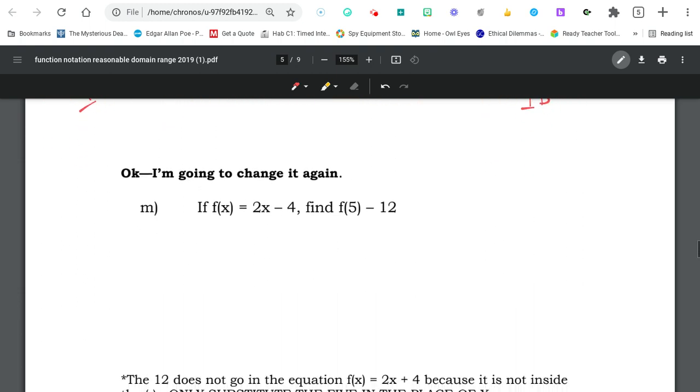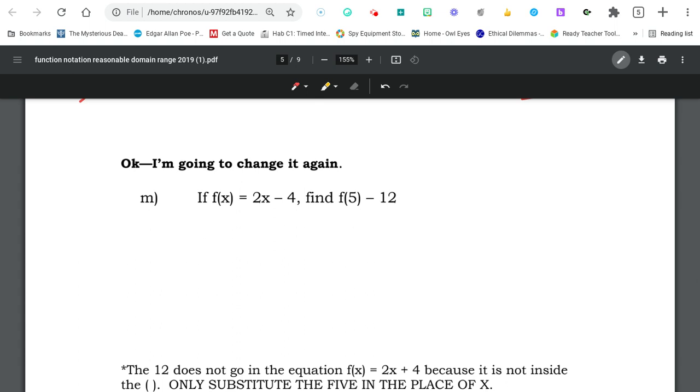All right, let's take a look at M. In M, I do have a number for my domain. So your domain is simply what's in parentheses. It says if f of x is equal to 2x minus 4, find f of 5 minus 12. Your domain is 5.